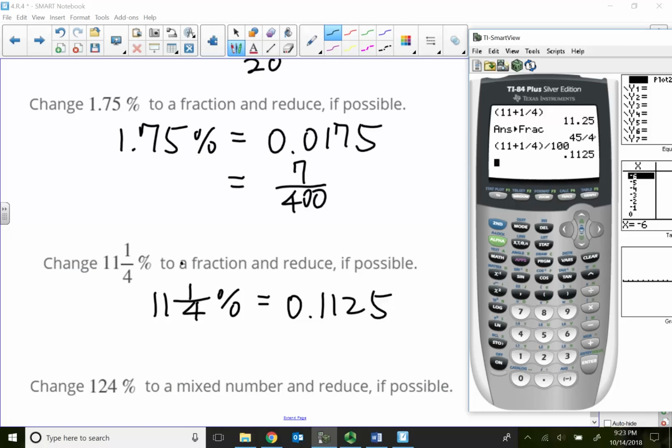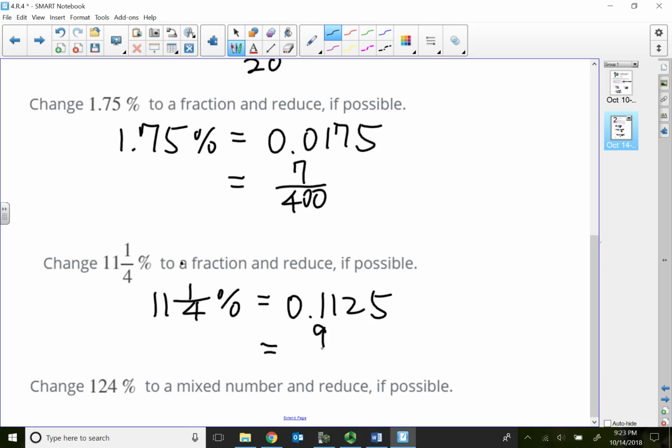Because if you say the decimal answer is 11 something, that's representing over 100%. So 0.1125 converted into a fraction is 9 over 80. That's the final answer. Okay? So be very careful. If you start out with a mixed number percentage, make sure you type in divided by 100.